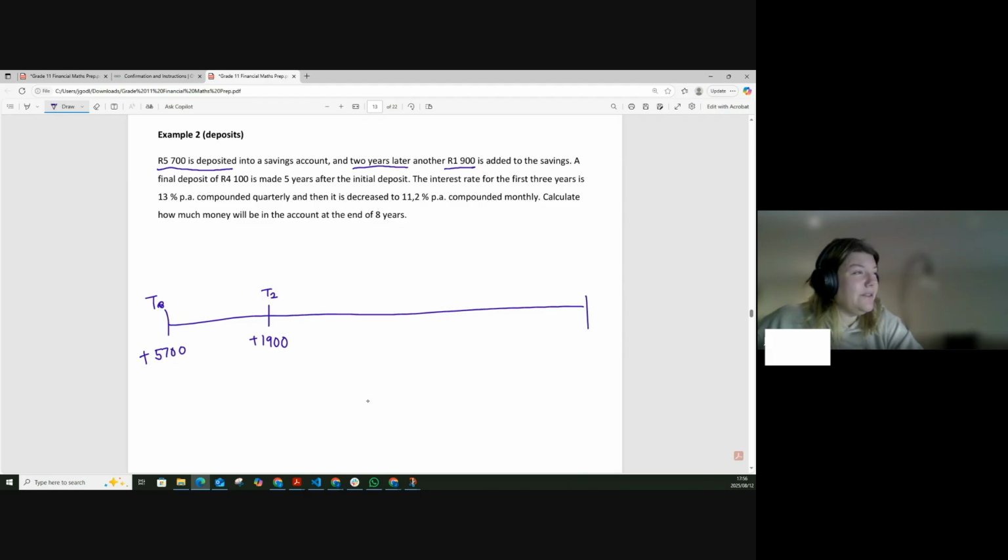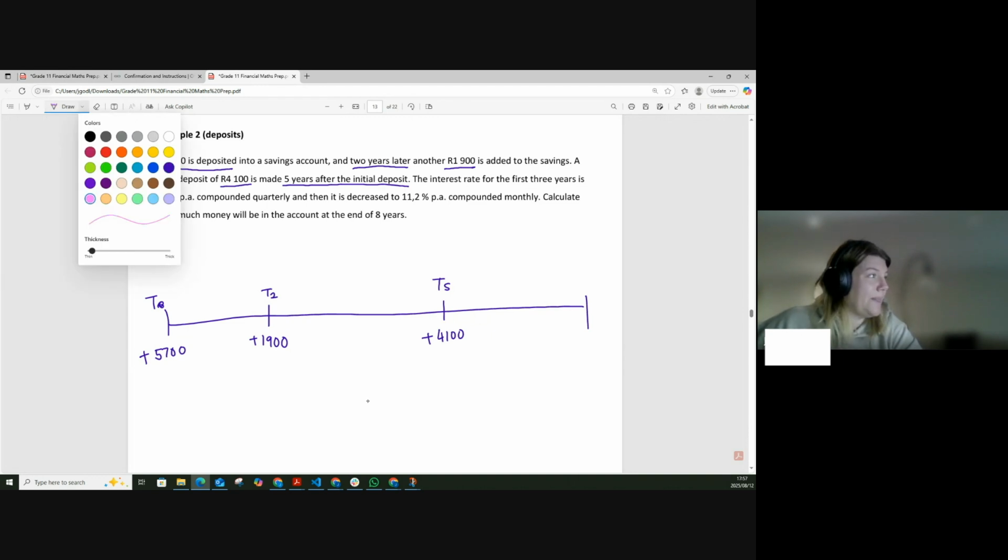A final deposit of 4,100 Rand is made 5 years after the initial deposit. So after 5 years, we've made another deposit of 4,100 Rand. Okay, that's the first pieces of information.